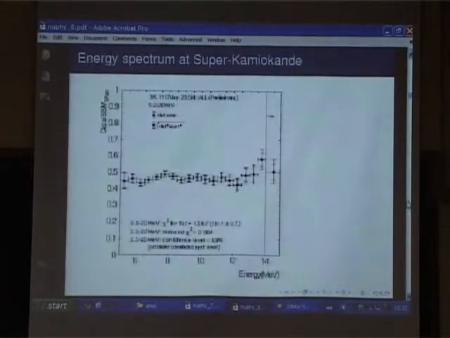In addition to that, we also know the energy spectrum. The energy spectrum was given to us by Super-Kamiokande, and that showed us that in the whole region from 5 MeV to 15 MeV, the probability of survival is almost equal to 0.45.